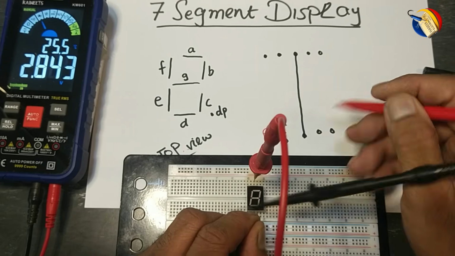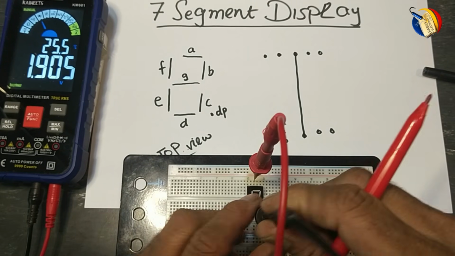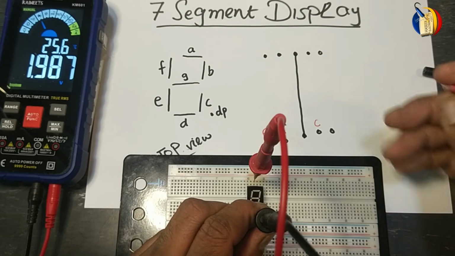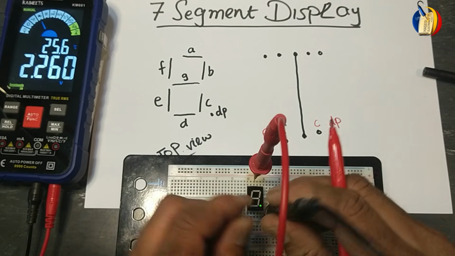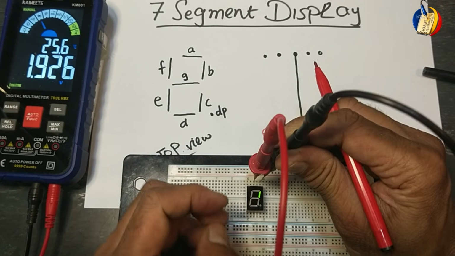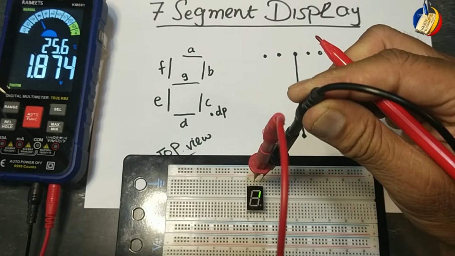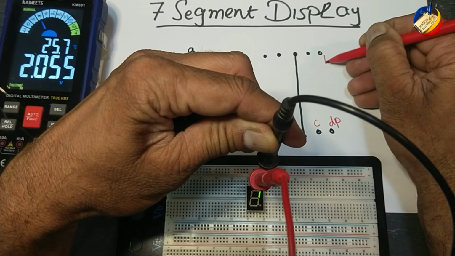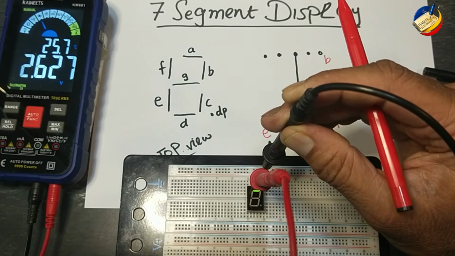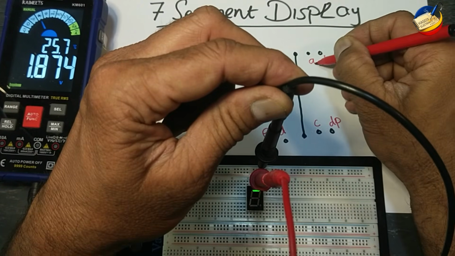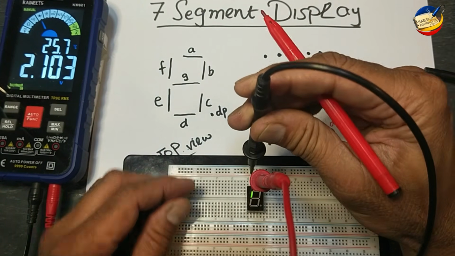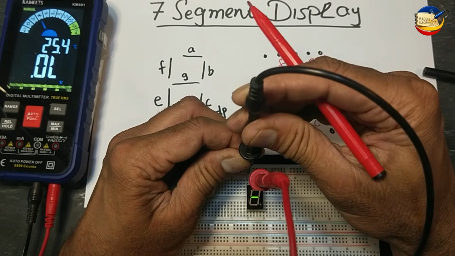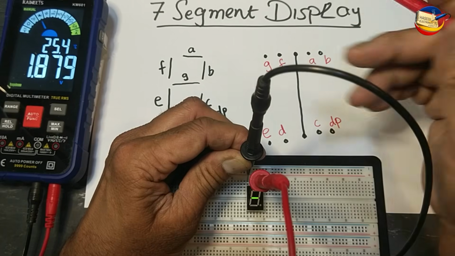After common, C. This is decimal point. This one B. Here A. F. G.